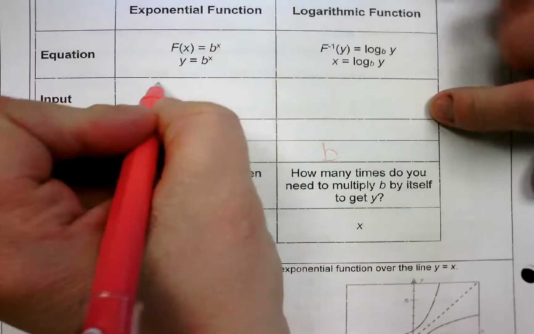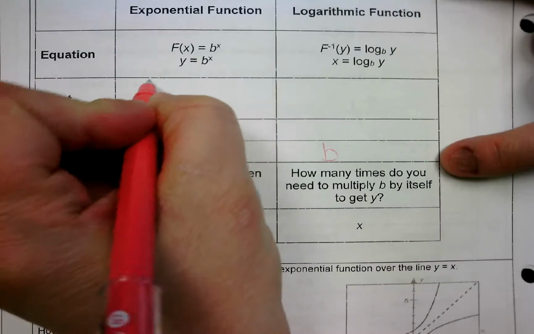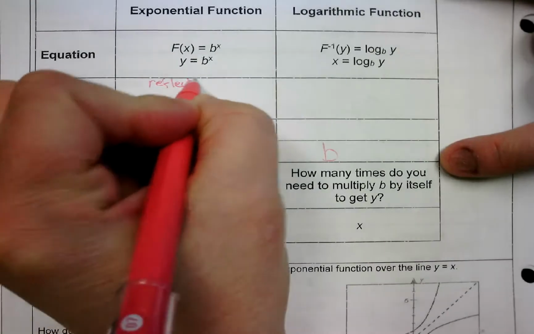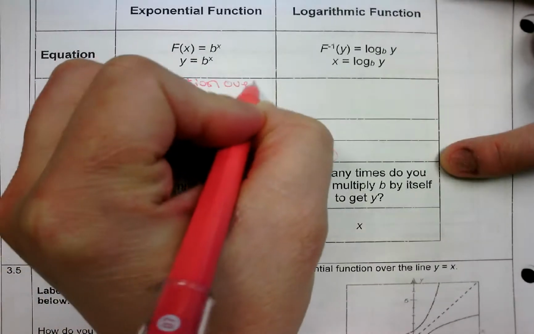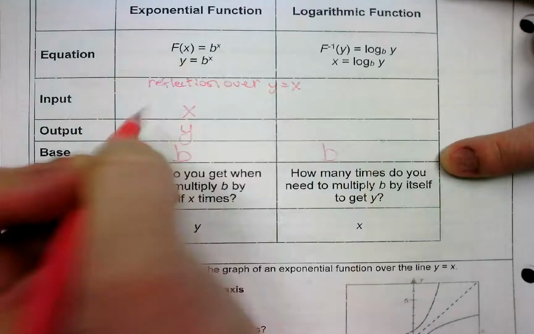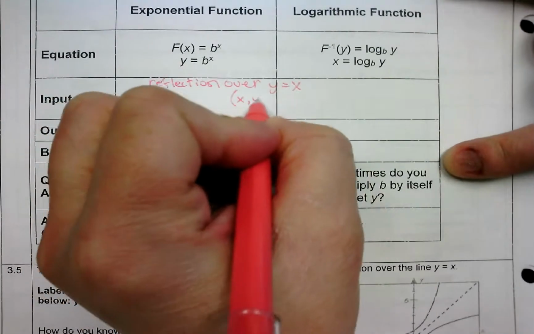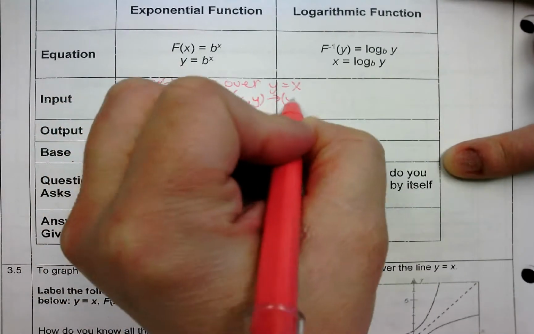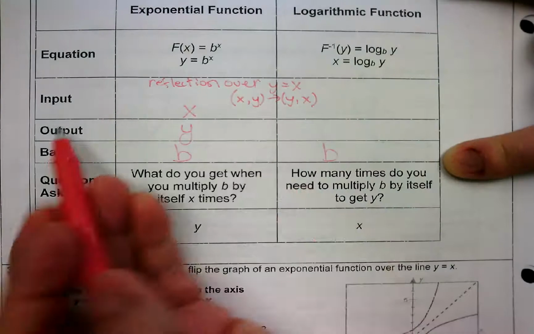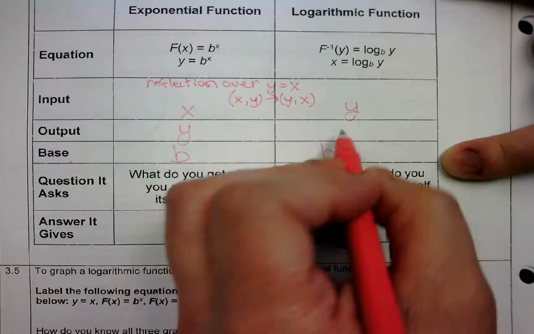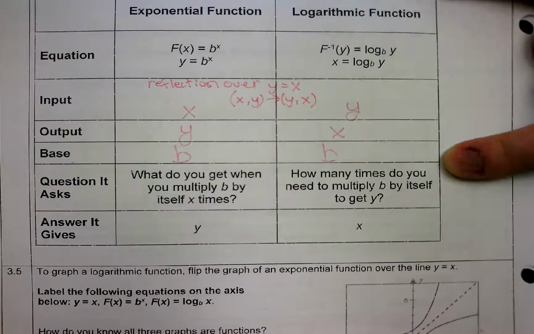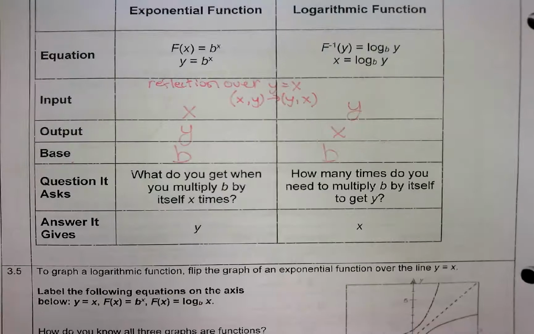From geometry, when we had a reflection over the line y equals x, we went from (x, y) to (y, x). So here our input is going to be our y value and our output is going to be our x value. Those y's and x's just switch places.